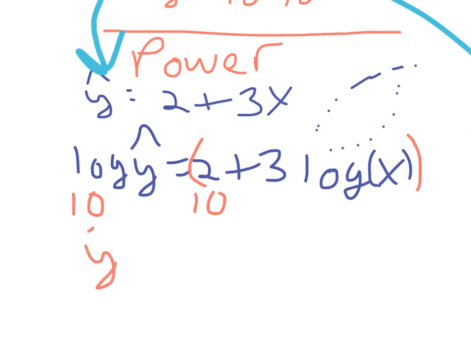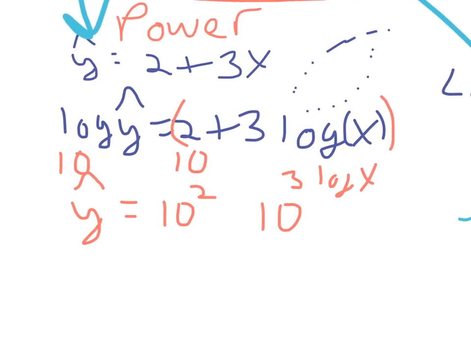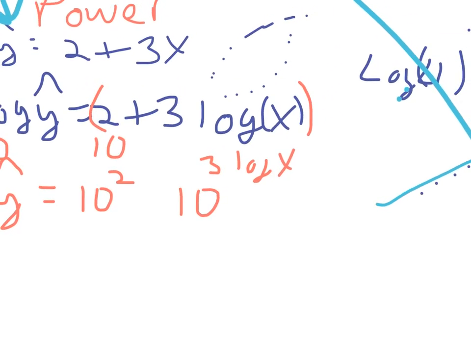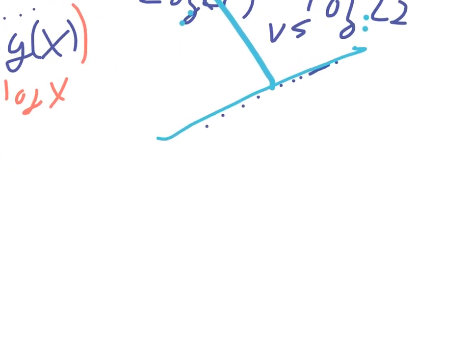I still got y hat, which is what I want. This time, I still have a 10, but I have two 10s. One gets the 2. The other gets the 3 log of x. Well, I still have a log in there. But remember the rules of multiplying powers? I'm going to show you the math problem. I'm going to do 2 problems with you.